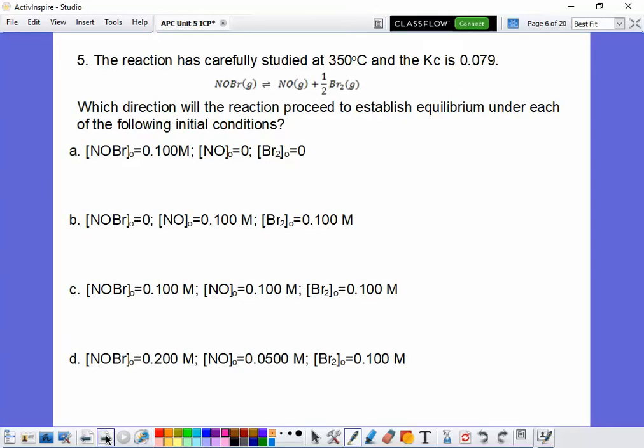All right, so we have this reaction. NOBr goes to NO plus 1/2 Br2. And it was studied at 350 degrees Celsius at several different initial concentrations. Okay? Let's take a moment to write the equilibrium expression for this reaction. What do you put on the top?